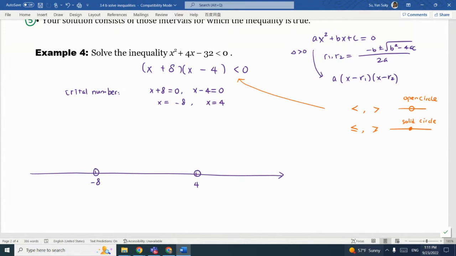And then we look at the leading coefficient. What is the leading coefficient? It's the coefficient of the highest term, right? Which is 1. 1 is positive, right?